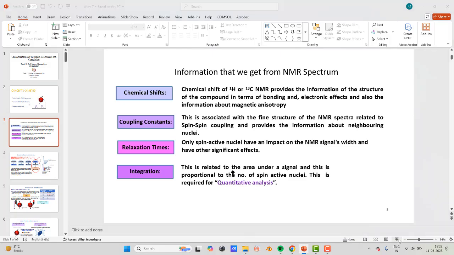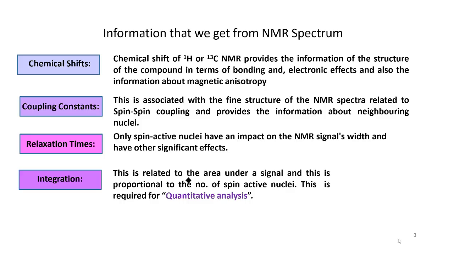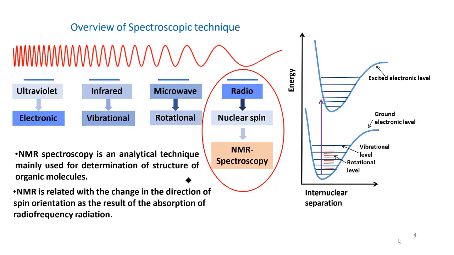So the integration is the area under the signal or the curve, and this is proportional to the number of spin active nuclei. So this is for the quantitative analysis basically.